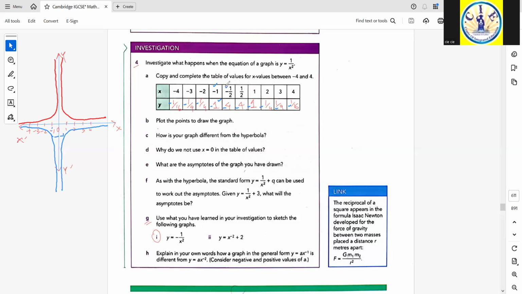For -1 by 2, the value of y is -4. So this is -1 by 2 on the x-axis. So joining it here, it would be like y is equal to -4.